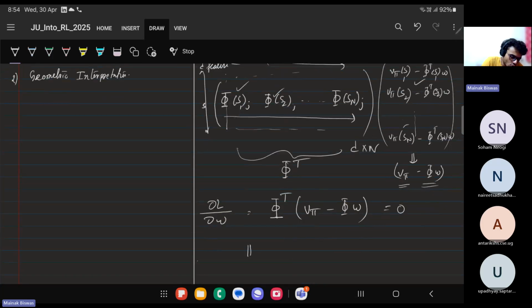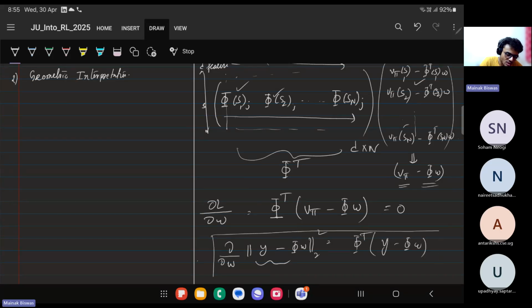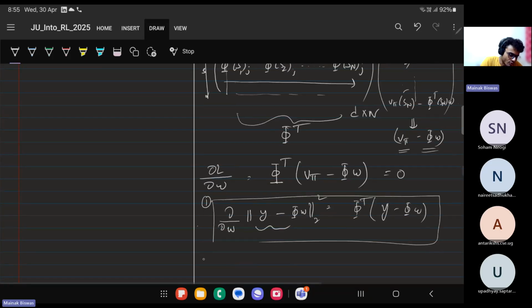When you have the L2 norm squared of y minus phi w, and you take the derivative with respect to w, this basically becomes y minus phi w, times phi transpose. This is one of the formulas you can remember. The second formula you can try as your homework, very simple.